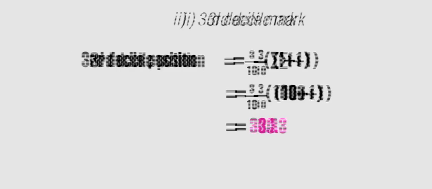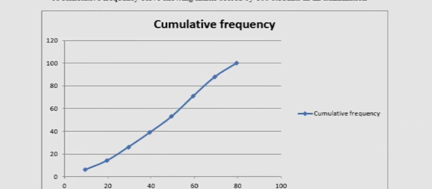So we go to the cumulative frequency axis, as you can see on the screen. Then we indicate 30.3. Then we move horizontally to the curve. The point at which it intersects the curve, we move vertically down. After doing that on the screen, we realize that the third decile from our cumulative frequency curve is 32.8.